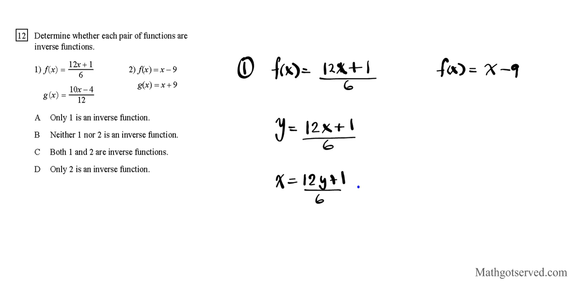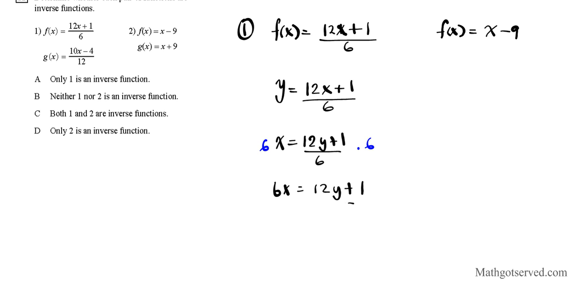So multiply both sides by 6. So we'll have 6x equals 12y plus 1. Now we're going to subtract 1 and divide by 12. So subtract 1: 6x minus 1 equals 12y.